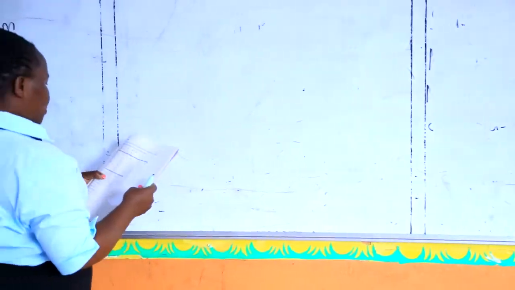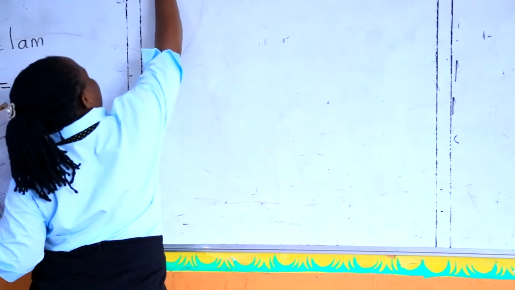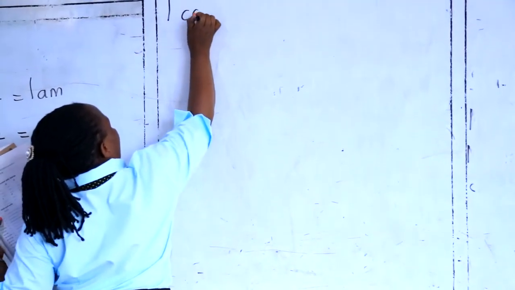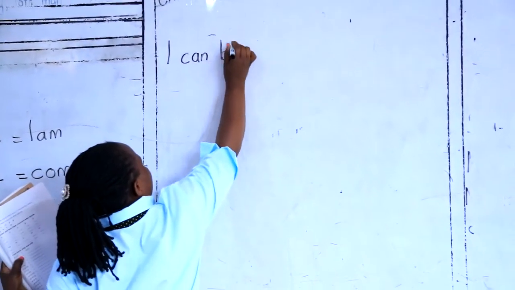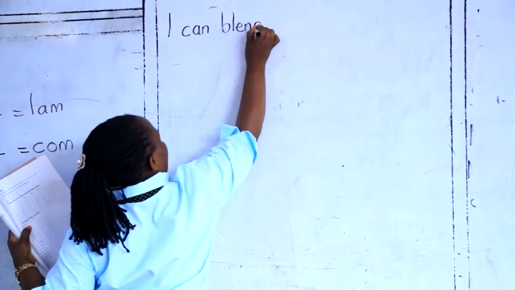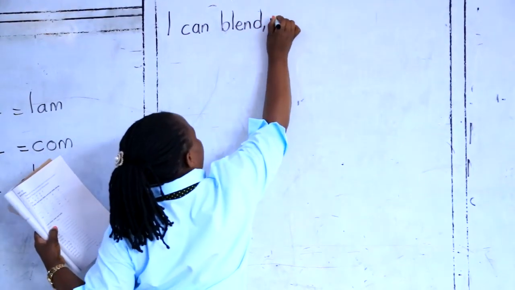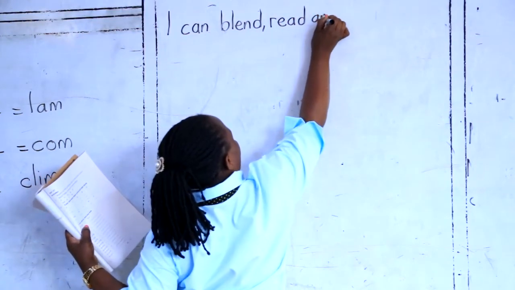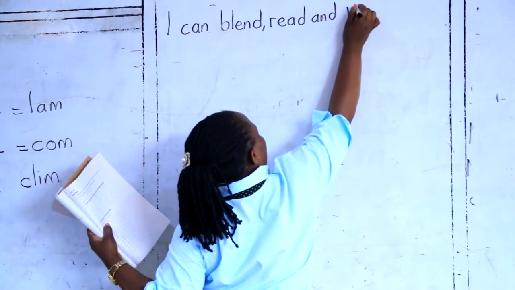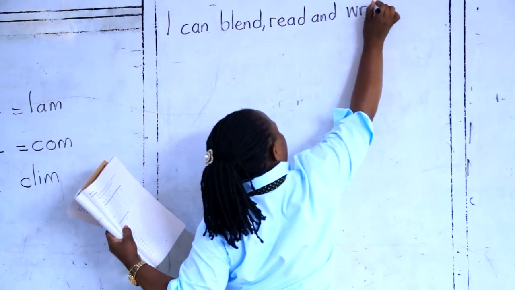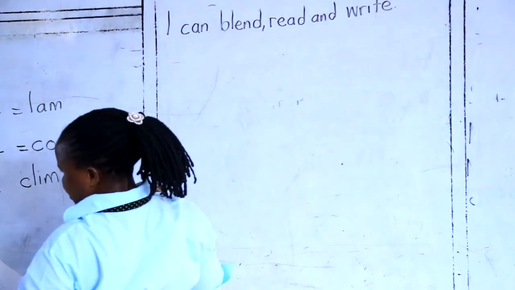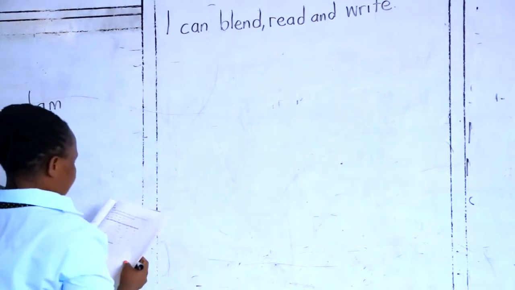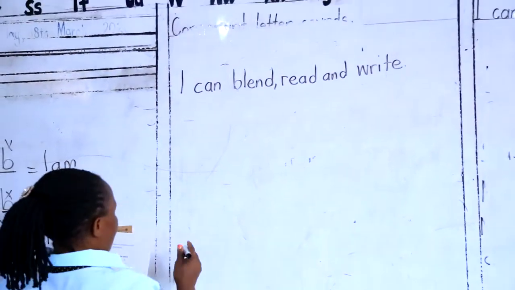For example, our heading is I can blend, read and write. Good.